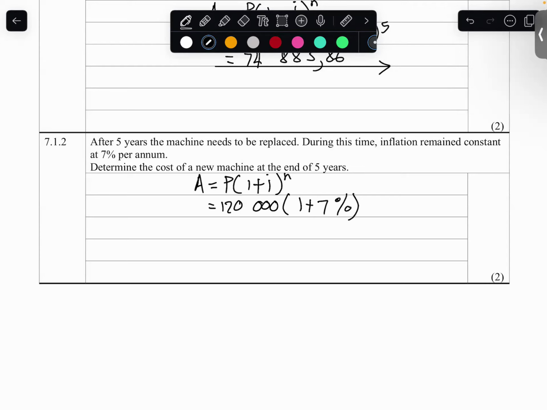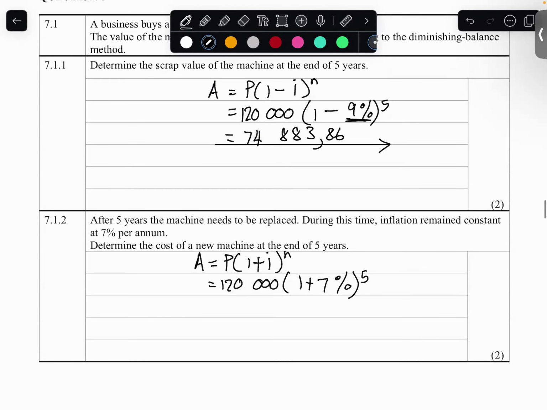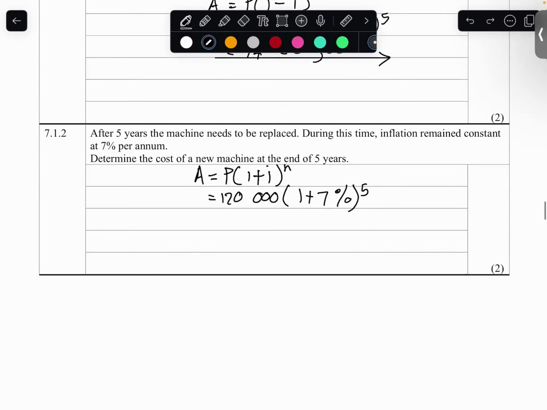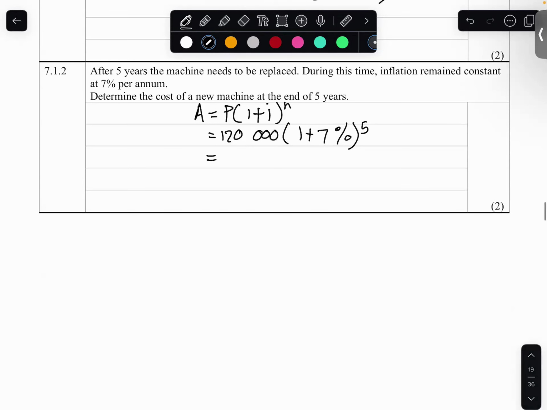This is all to the power 5. Remember this one with inflation and depreciation, you don't have to divide the interest by anything and multiply the number of years by anything. It's a yearly inflation and depreciation rate. So these are not divided or multiplied by anything, for both inflation and depreciation. Right. Okay, straight punch into the calculator gives you 168,306,21.